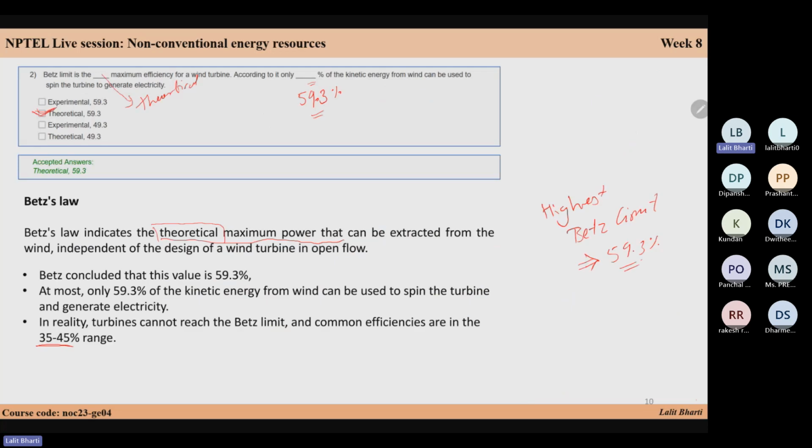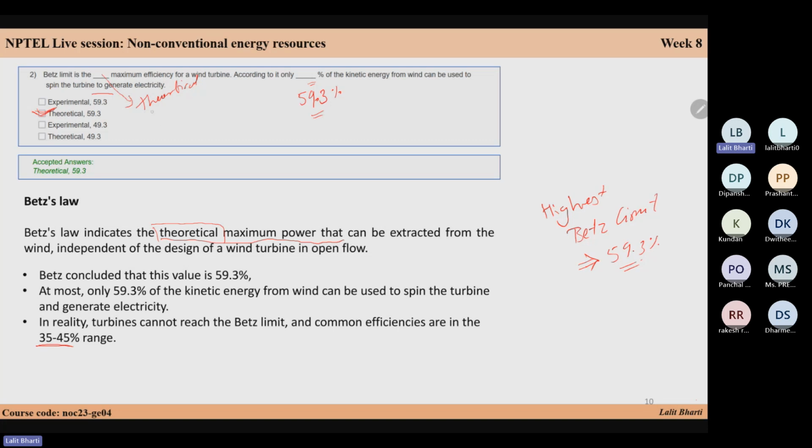Then we have the question on Betz limit. Betz limit or Betz law we have already seen in the last question. Betz limit is the maximum limit of efficiency which can be achieved by a windmill. The question says Betz limit is blank, the maximum efficiency for a wind turbine. According to it, this much percent of the kinetic energy from the wind can be used to spin the turbine to generate electricity.